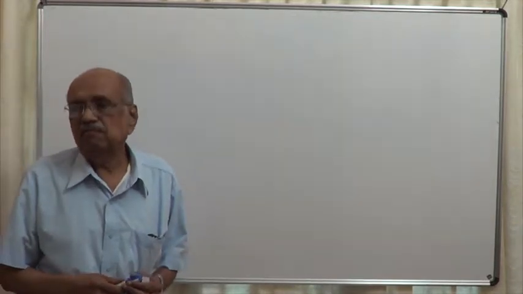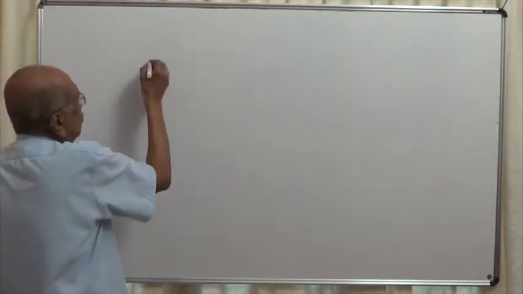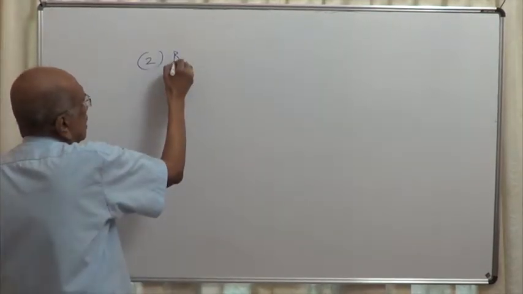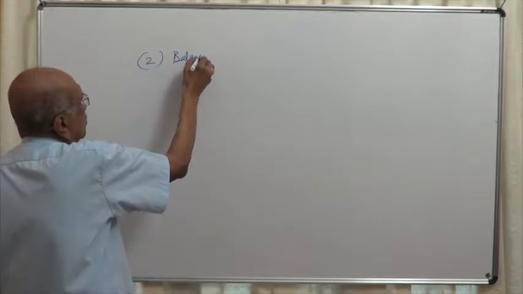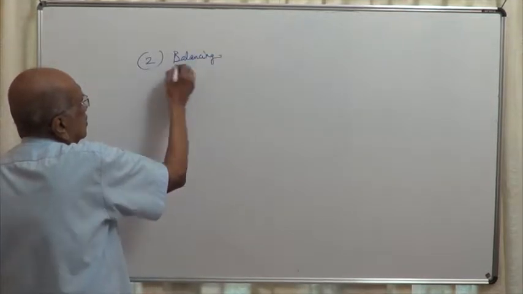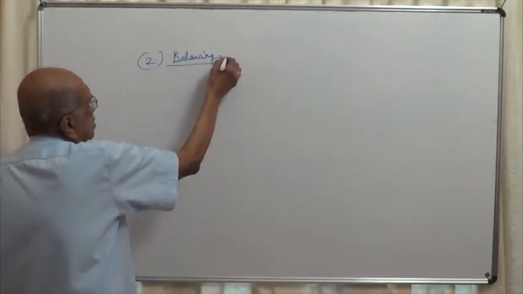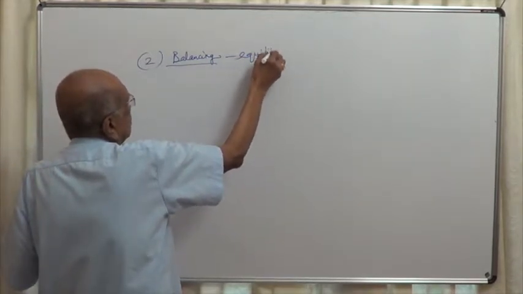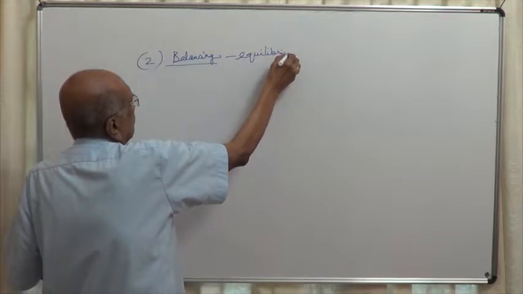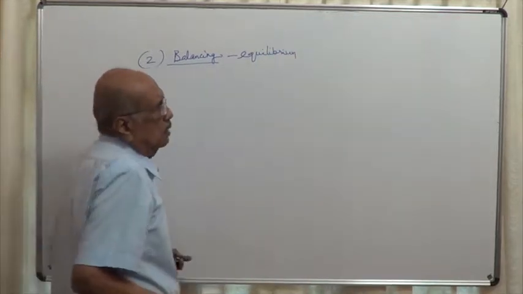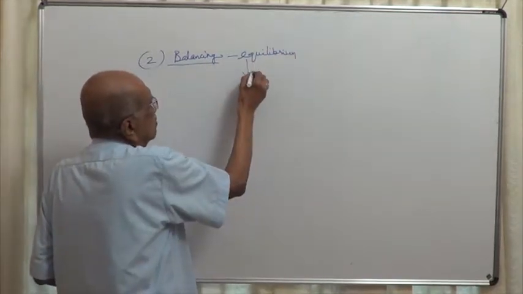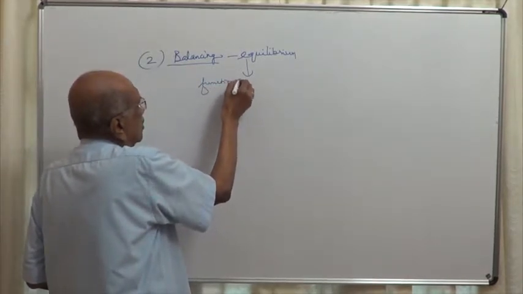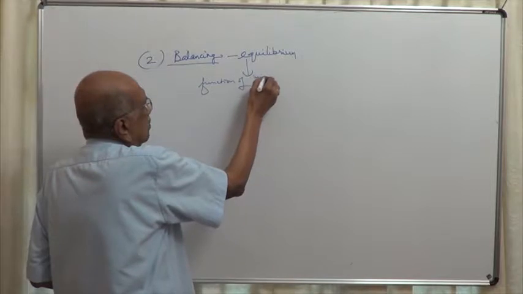The second function which the internal ear is carrying out is balancing or maintaining equilibrium. Maintaining equilibrium is a function of maculae.